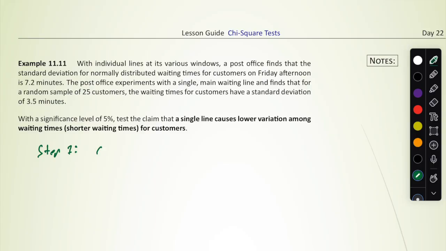the original claim. Test the claim that a single line causes a lower variation. And so the single line was the experiment that they ran.